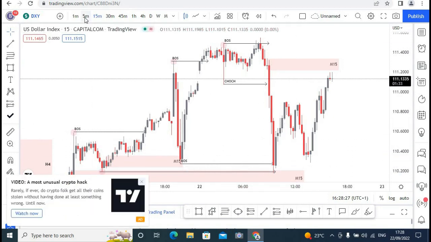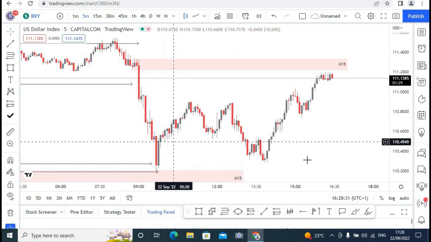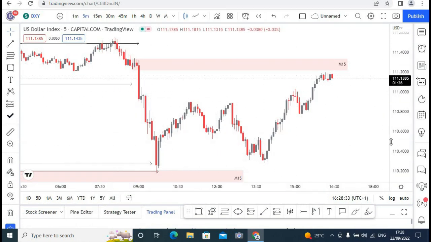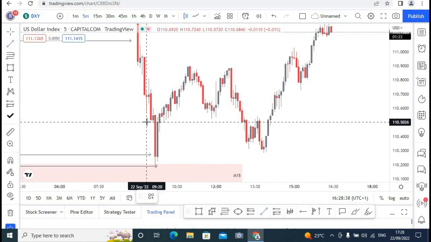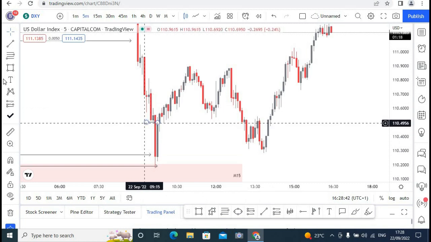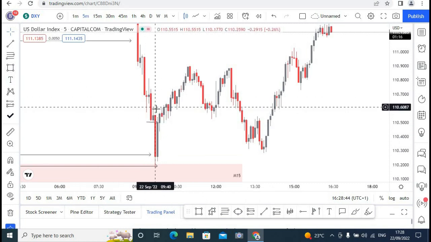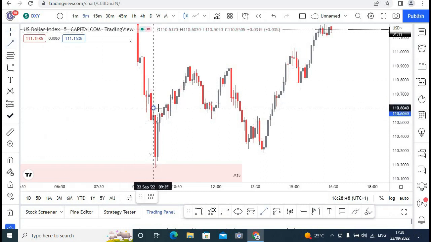So what you needed to do, you have to go to your 15 minutes to your 5 minutes time frame, right? And once you're in your 5 minutes, you can see that we did have this last opposite candlestick, meaning we did have a breakout structure, and at the top this was a change of character, meaning we didn't have any last opposite candlestick.